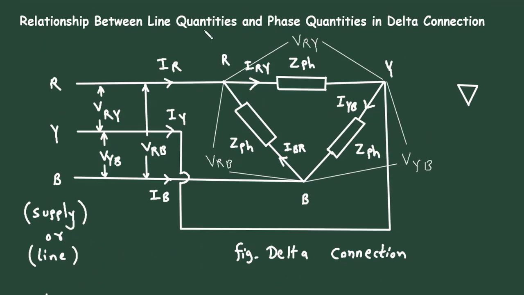So this is about the relationship between line quantities and phase quantities in delta connection.